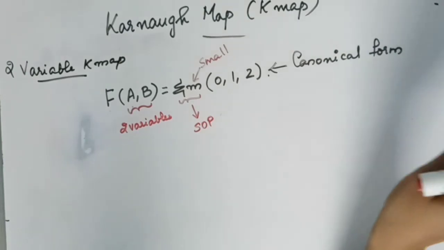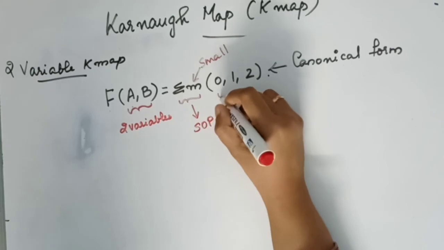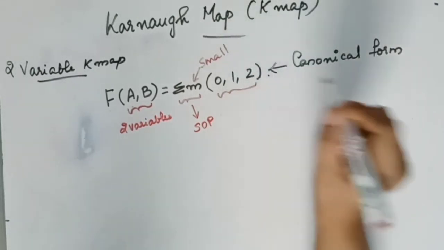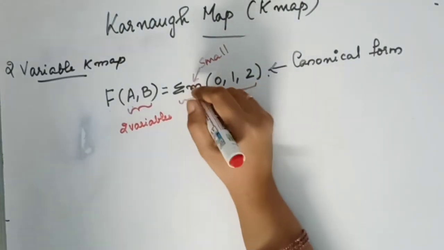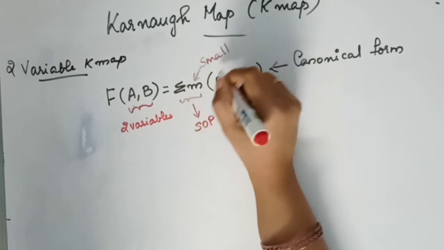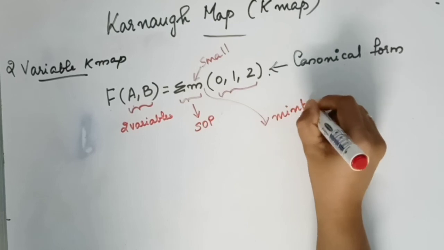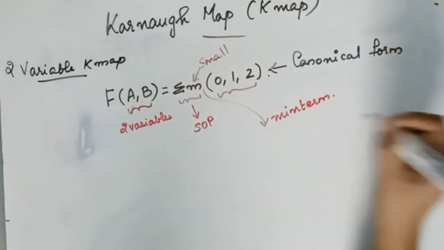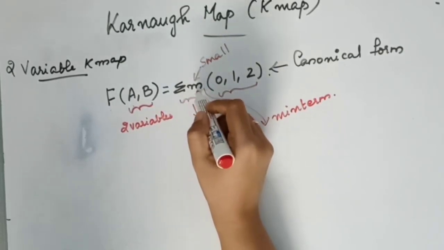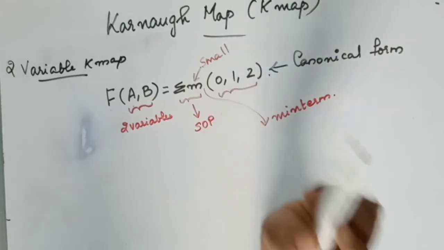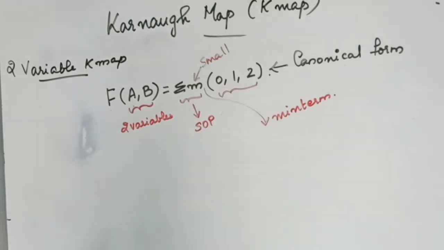Small m, don't write capital M. And the numbers in the bracket, I'll explain, the small m notates minterms. Now what is a minterm? I'll tell you shortly. So it is actually function of AB equal to sum of minterms. Which minterms? 0, 1, 2. We'll explain what the 0, 1, 2 is.